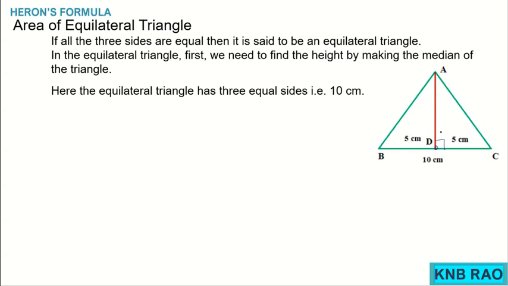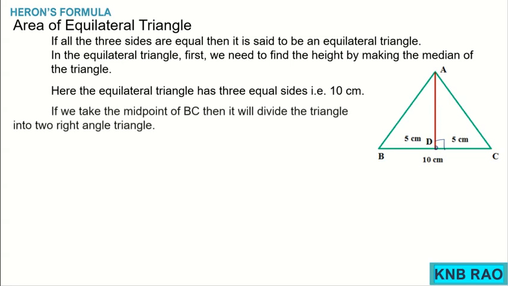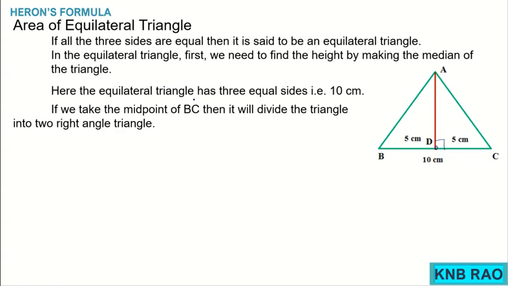Now, how to find the height AD, or the length of this AD? See children, if we take the midpoint of BC, then it will divide the triangle into two right angled triangles.